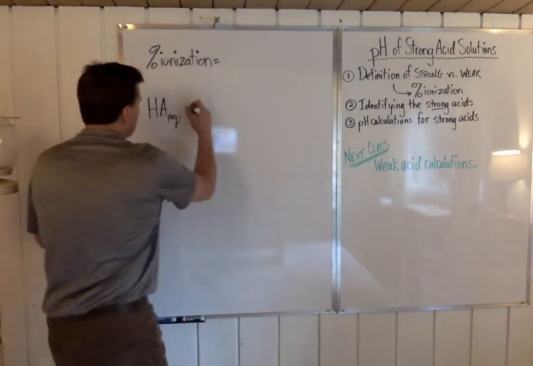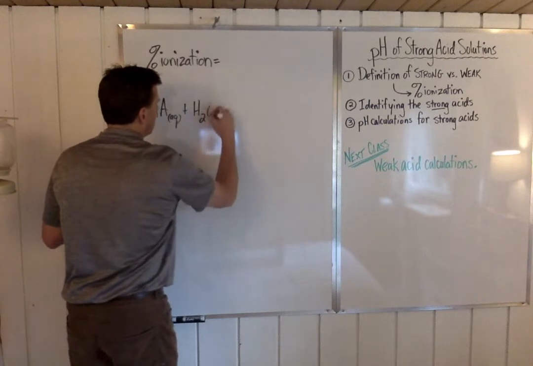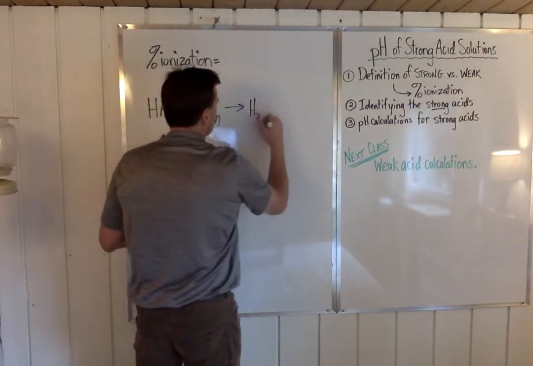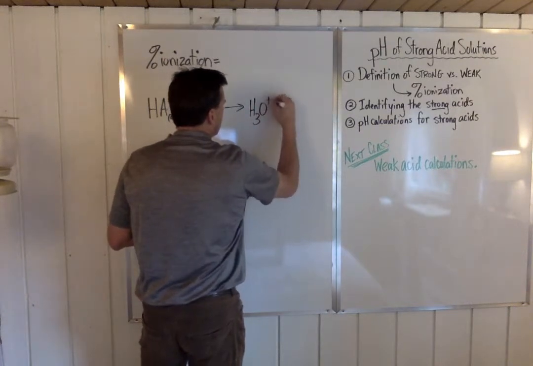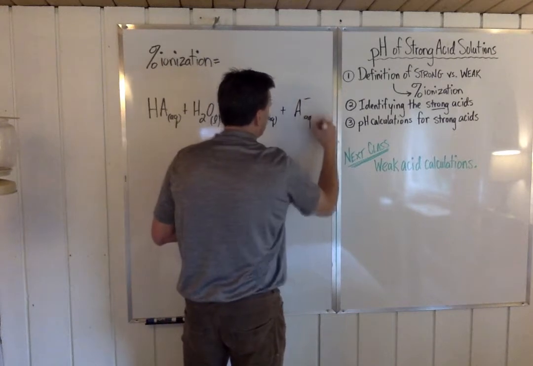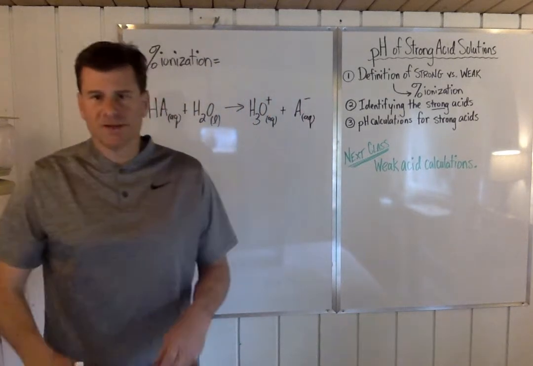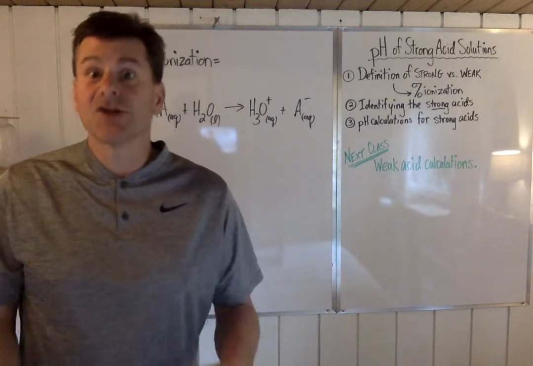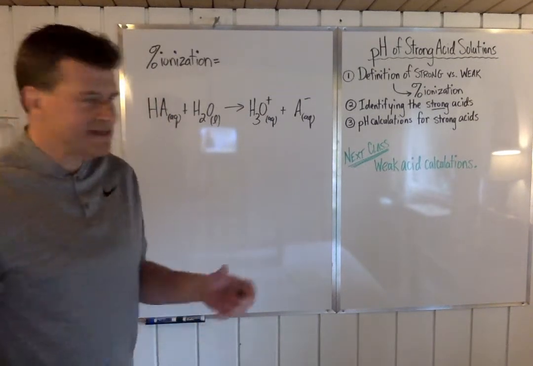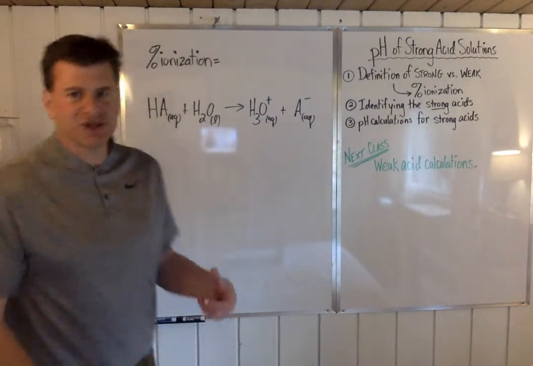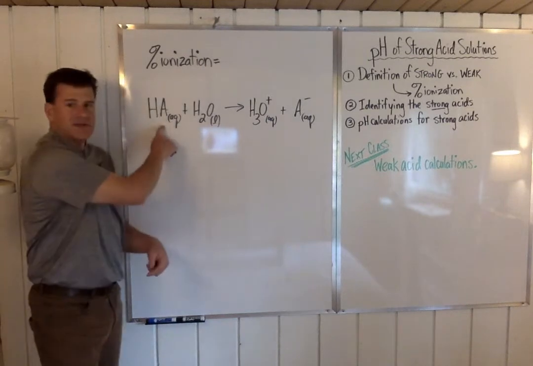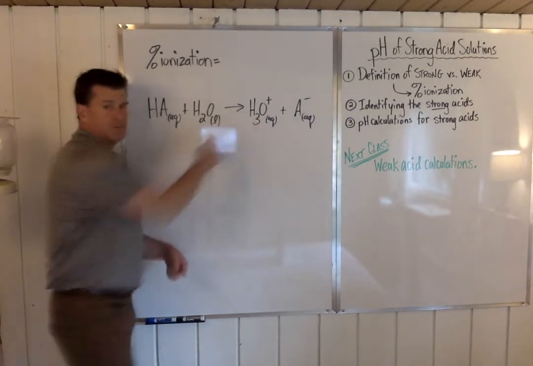There's our acid in water, goes to hydronium and whatever the anion was of the acid. It's called its conjugate base, if you recall the terminology. So percent ionization, this is the reaction. It's a quantifying of how many of these molecules turn into the products.